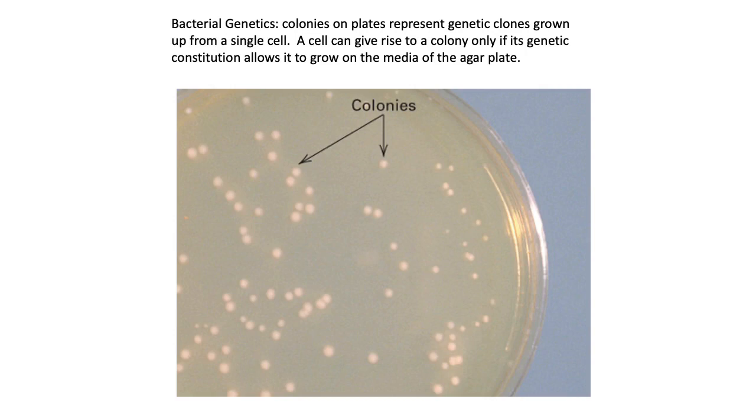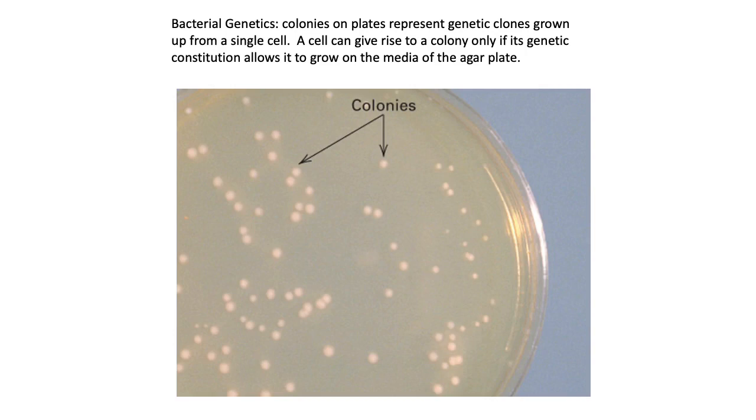So each individual one of those circles started off as one bacterium that landed on this dish somehow, and then started growing and dividing and growing and dividing. So each one of those is thousands of copies of essentially identical bacteria.